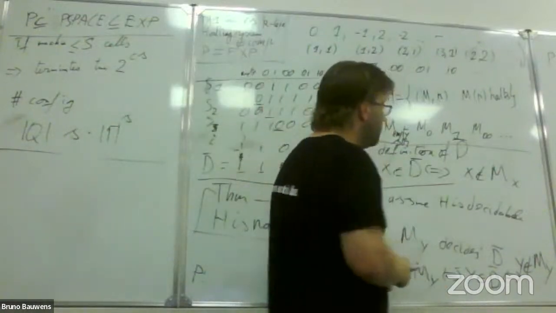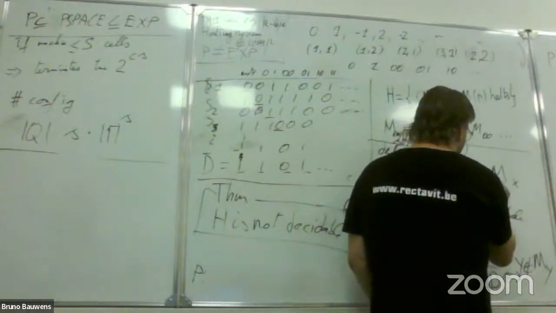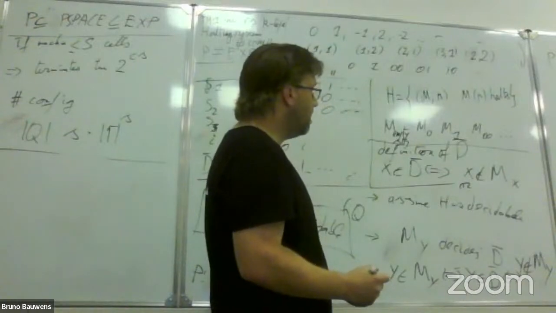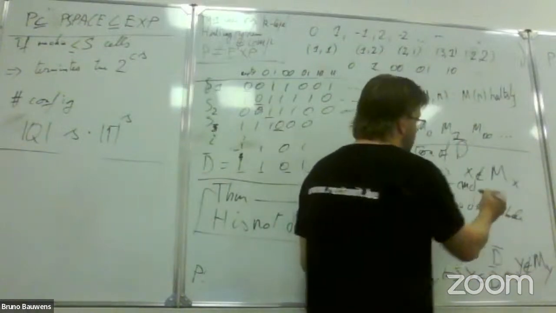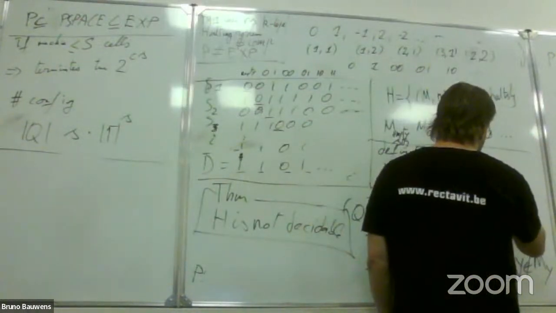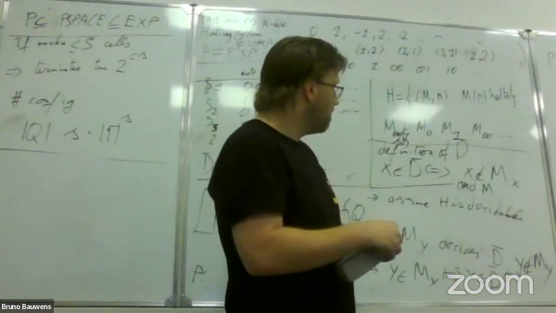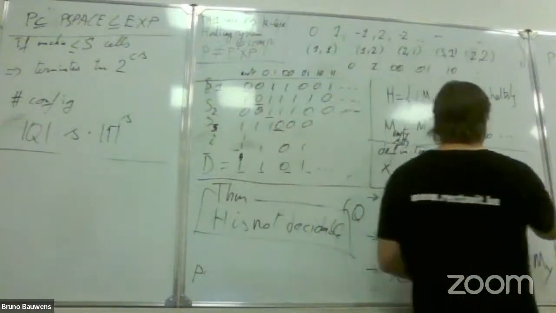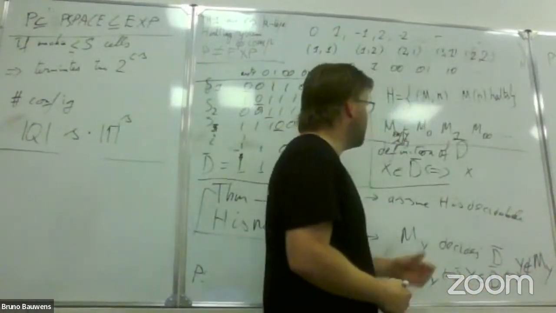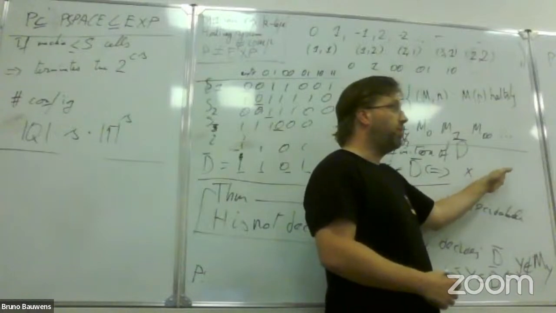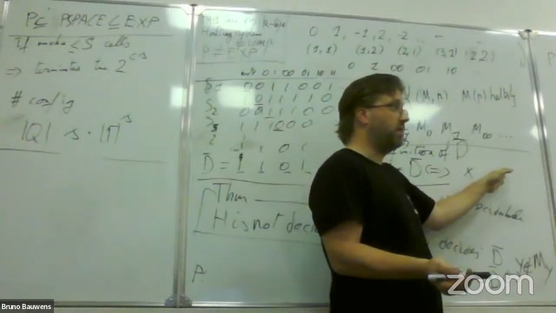So the plan is to say that X is not in L(MX), but similarly, let us say that MX accepts X in 2 to the power length of X time. Then we get something that we can check in exponential time.